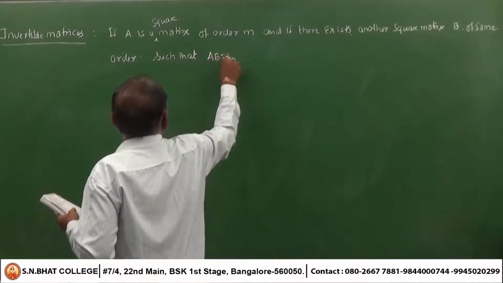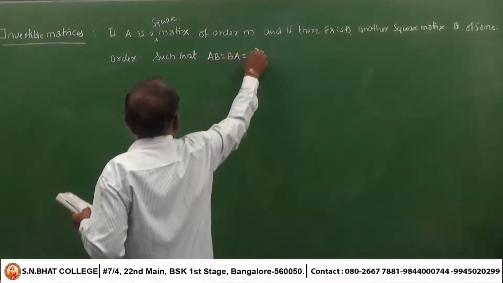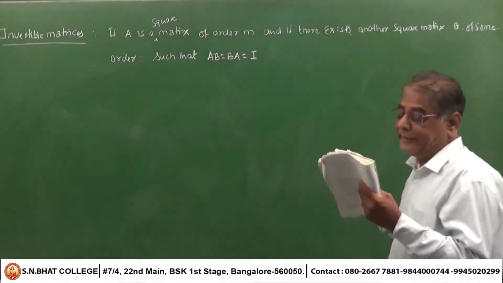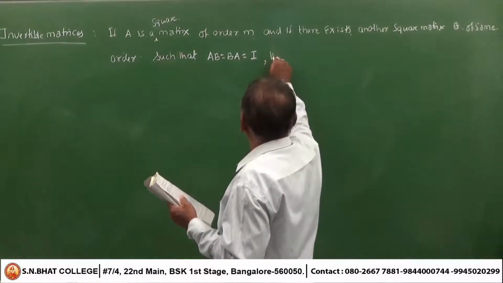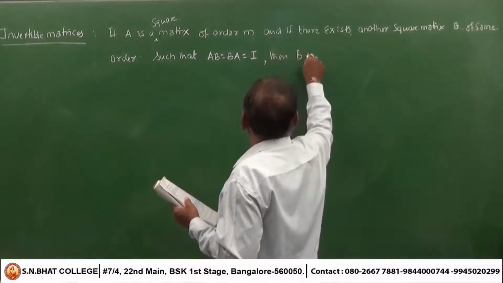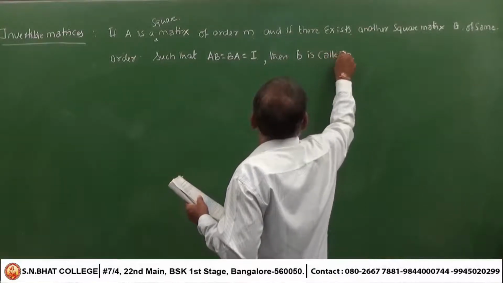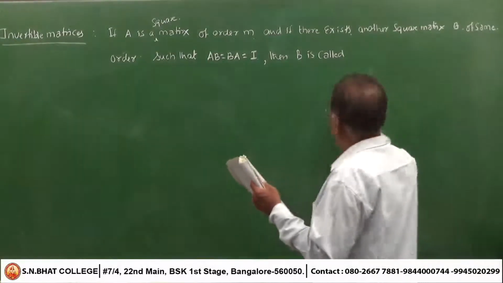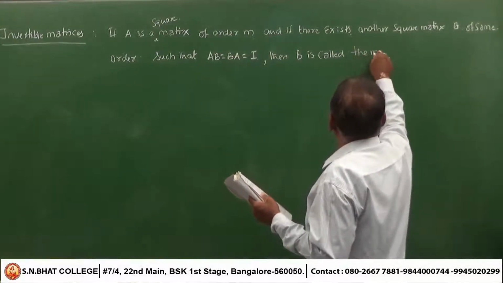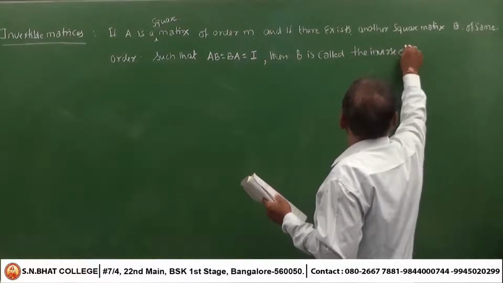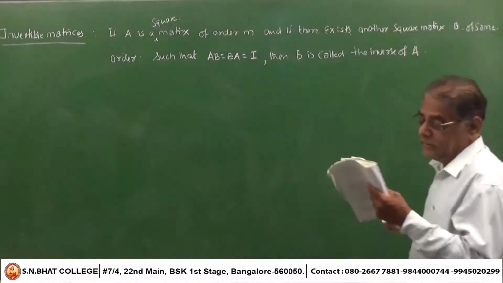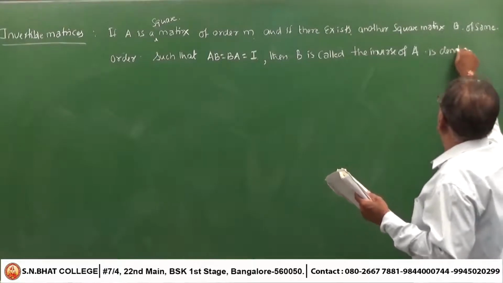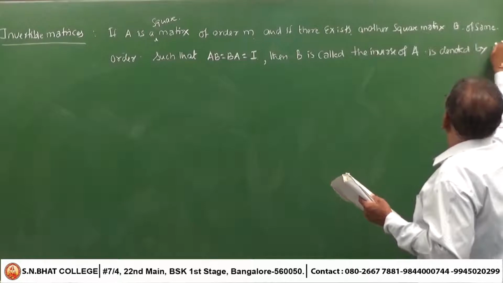AB is equal to BA is equal to identity, then matrix B is called the inverse of the matrix A and is denoted by A inverse.